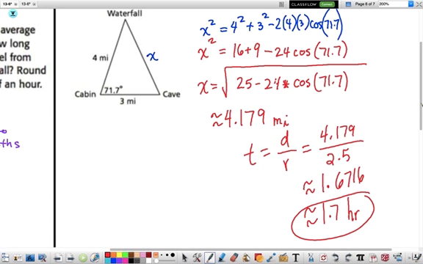Let me use my calculator. 49 minus 64 minus 81, negative 96, divided by negative 112. 96 divided by 112. Cosine inverse of my answer should be 31. Yeah, I did get that.